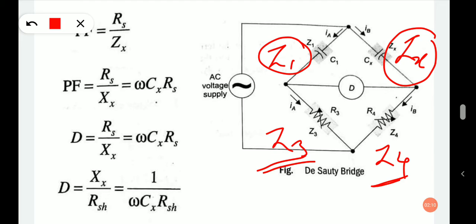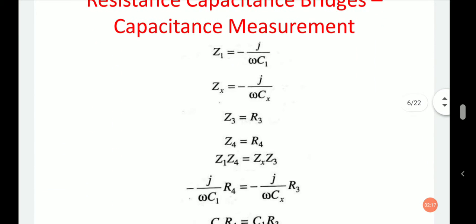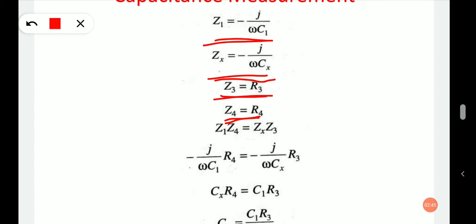In complex notation, we can write Z1 equals minus j upon omega C1, Zx equals minus j upon omega Cx. For Z3 it is equal to R3, and for Z4 it is R4.